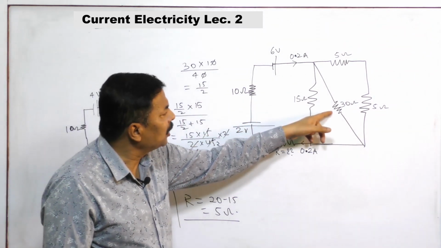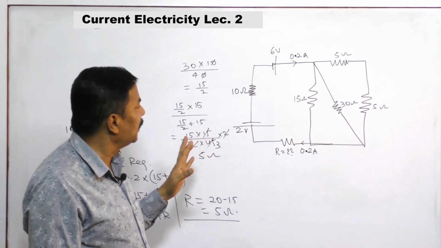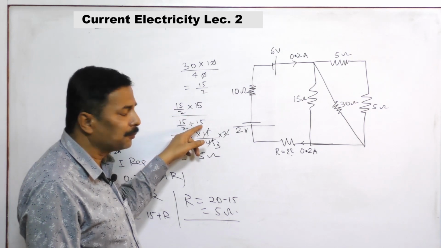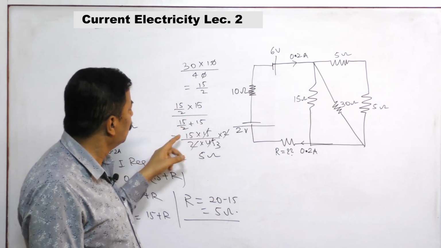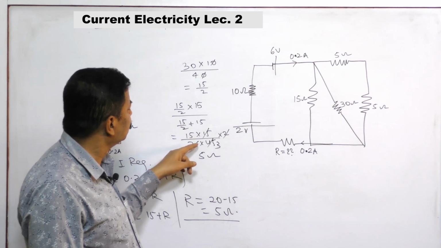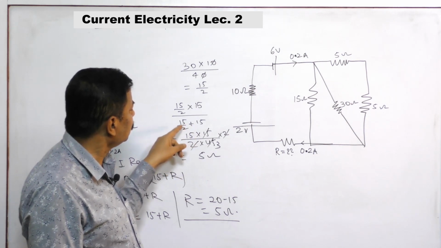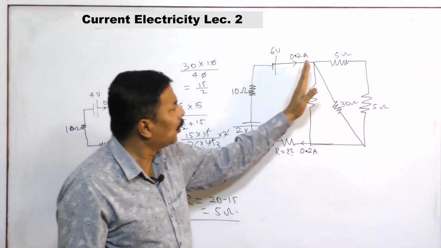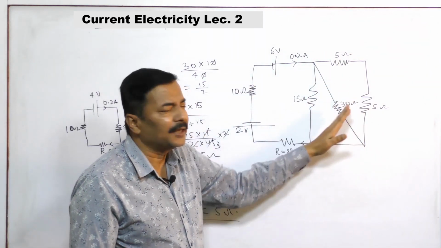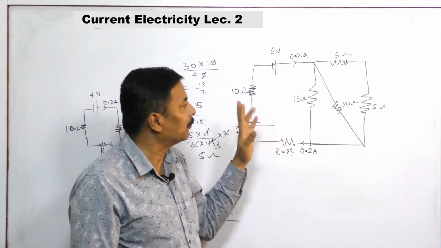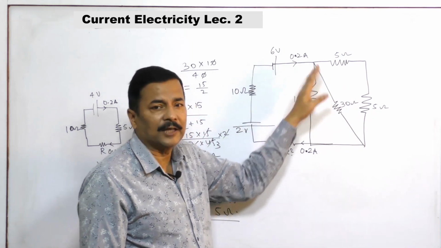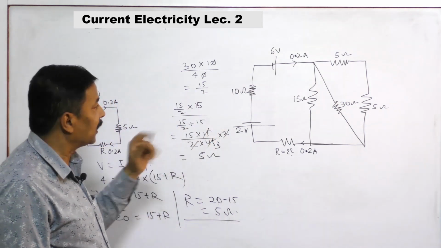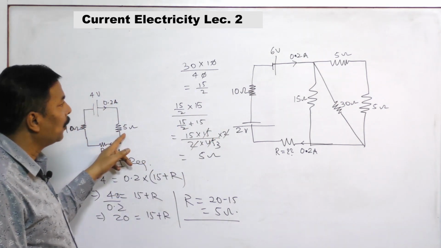Now this 15 by 2 and this 15 are again in parallel, so 15 by 2 into 15 by 15 by 2 plus 15, giving 15 into 15 by 45 into 2, so 5 ohm. So this whole set can be replaced by a single resistor of 5 ohm, R equivalent. This is the series and parallel combination application.